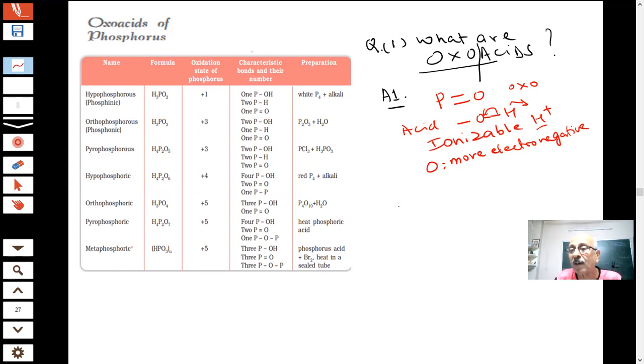That is the problem. There is going to be at least one question on oxoacids in the paper. They are very, very important.